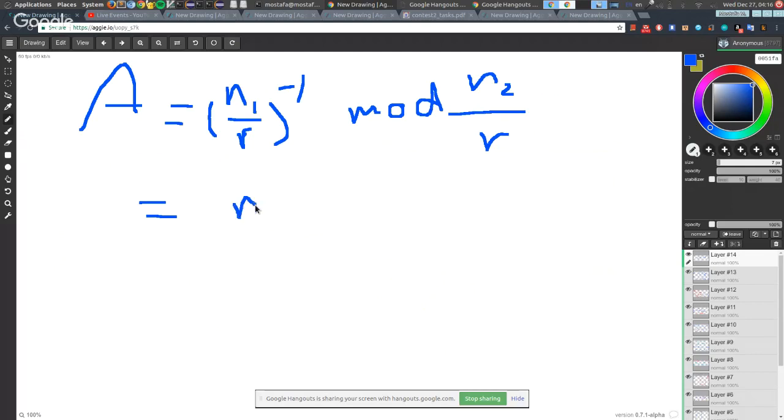And this we can conclude by using the Euler totient function.